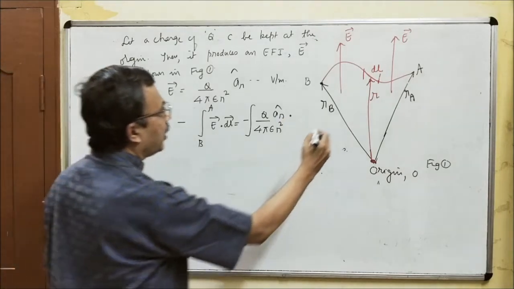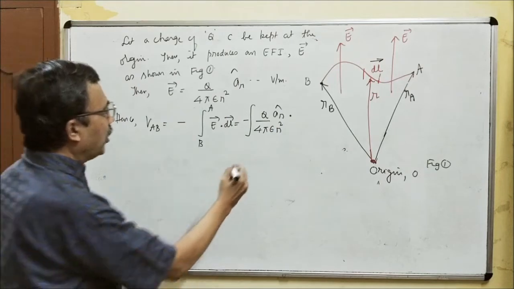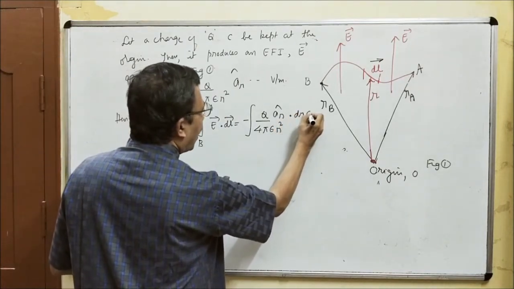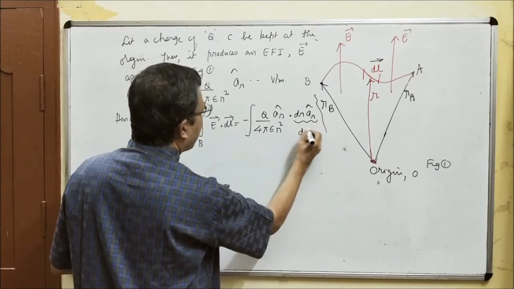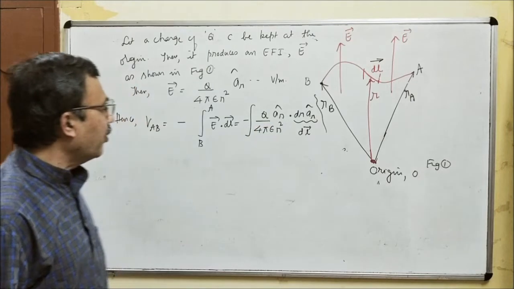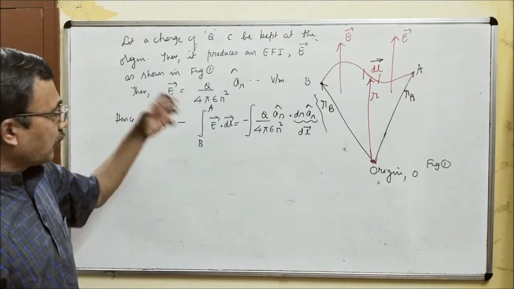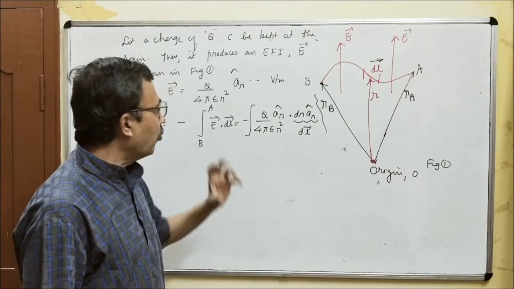Vector dl has a magnitude equal to dr and the direction is given by AR cap. The unit vector associated with vector dl is AR cap, and AR cap dot AR cap is 1.